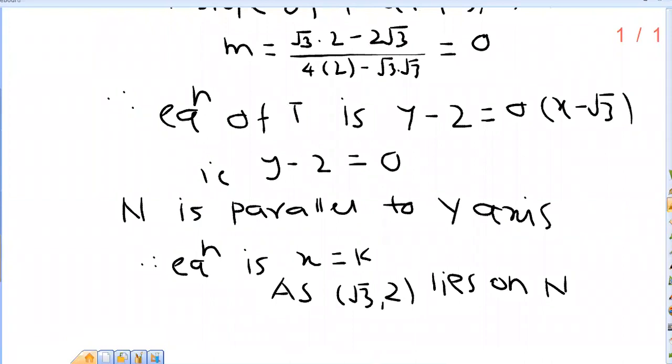So coordinates will satisfy the equation. Therefore, root 3 equal to k. Therefore, equation of normal is x equal to root 3. Write down. You write down, then I'll explain why I have written that normal is parallel to y-axis.